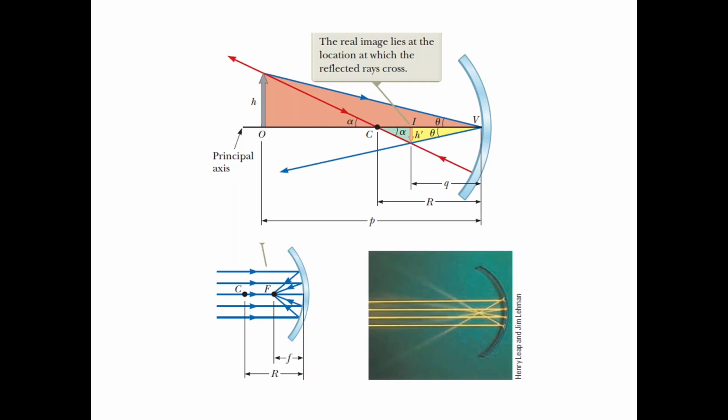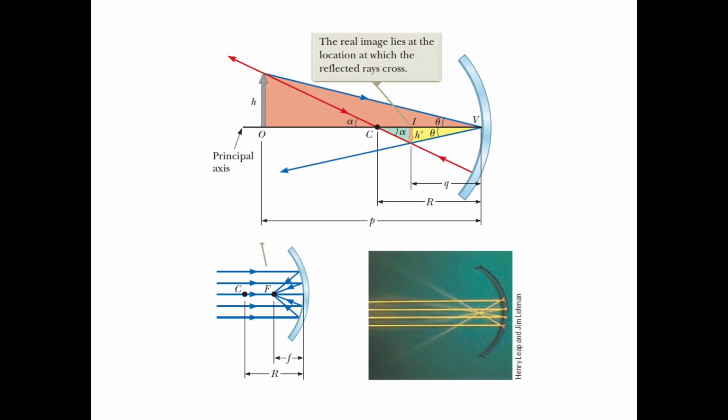What does originated mean? It could be either emitted when the object is emitting light, or, usually the most probable scenario, it's just reflecting. So we have some light source, it illuminates this object, and then there is some reflection of light from the top of the object. We consider the top of the object, but obviously we have reflection of light from all points of the object, and these rays of light are traveling towards the mirror.